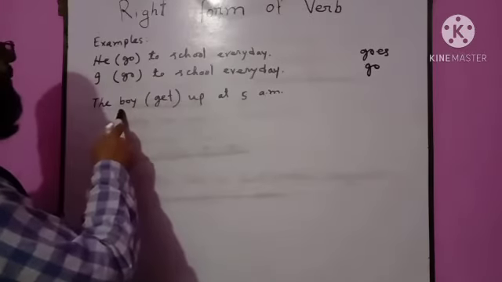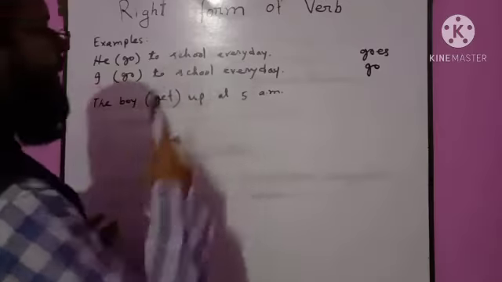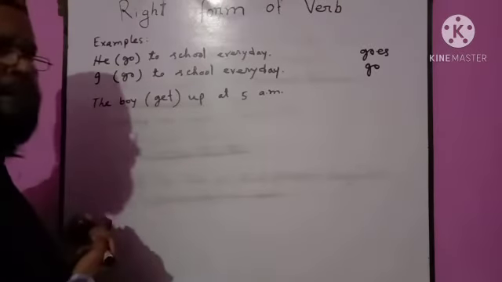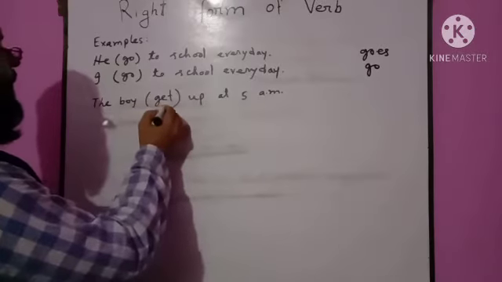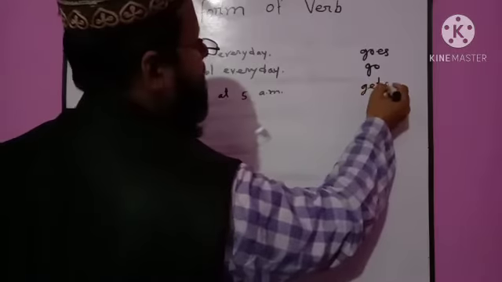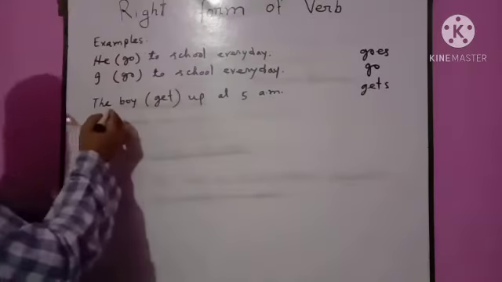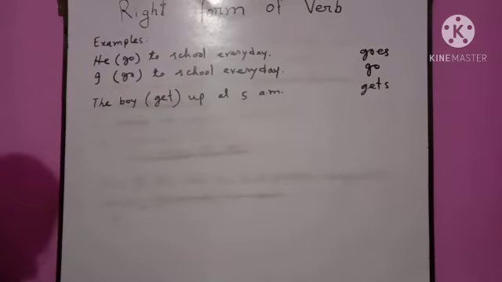The boy generally gets up at 5 a.m. So it is present form. So we shall use get and s because the boy is third person singular number.